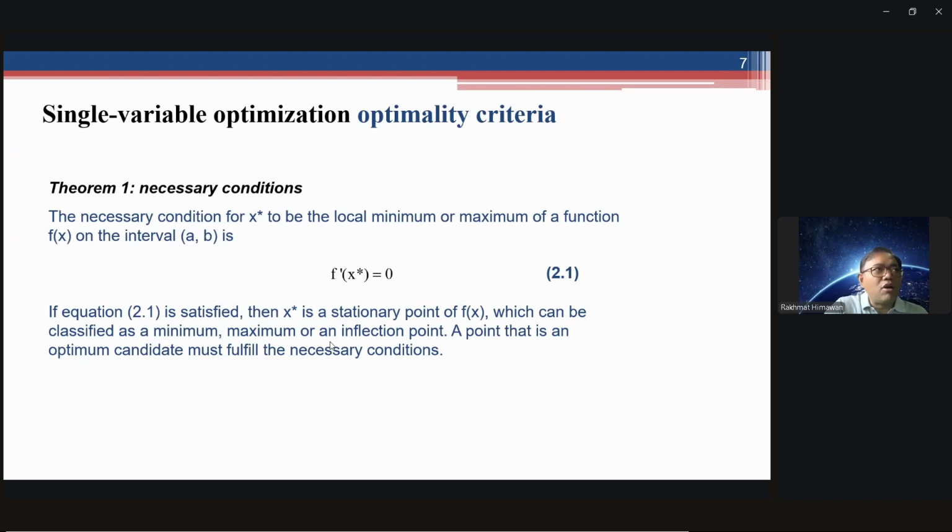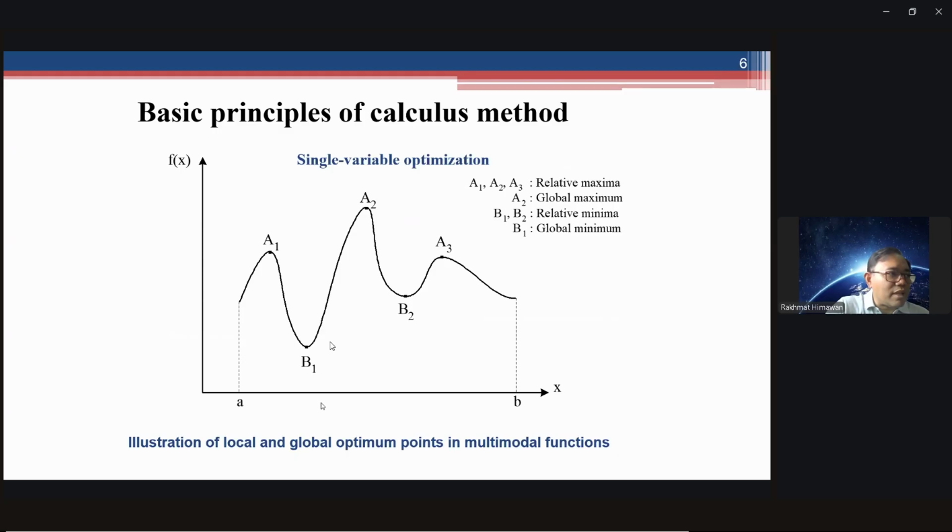In this case it is the optimality criteria. There's a theorem that when we follow this and check, you'll see whether there is any optimality or not in this section, any global or local condition, without actually drawing the graph.